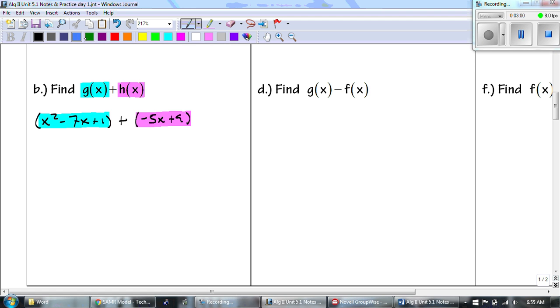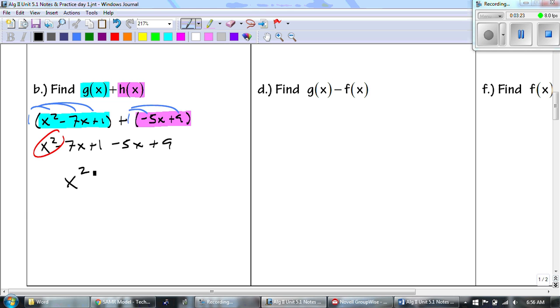Now, once again, I have a positive 1 in front, so when I multiply by a positive 1, keyword positive, nothing changes. So we have x squared minus 7x plus 1, and then in the back we have negative 5x plus 9. Okay? And our like terms.